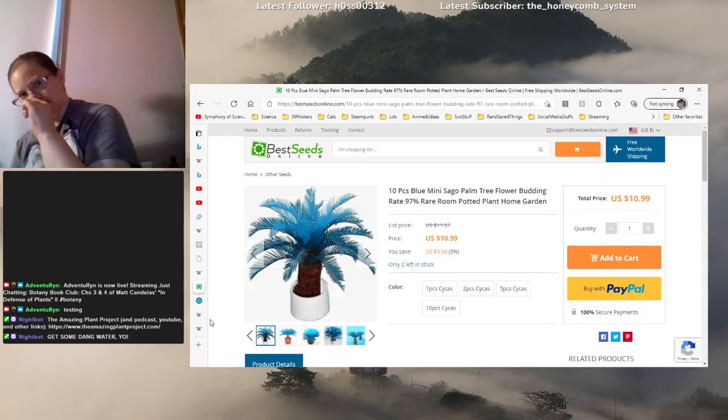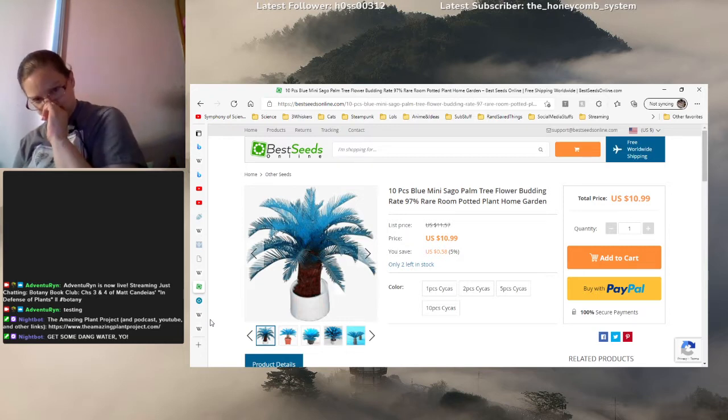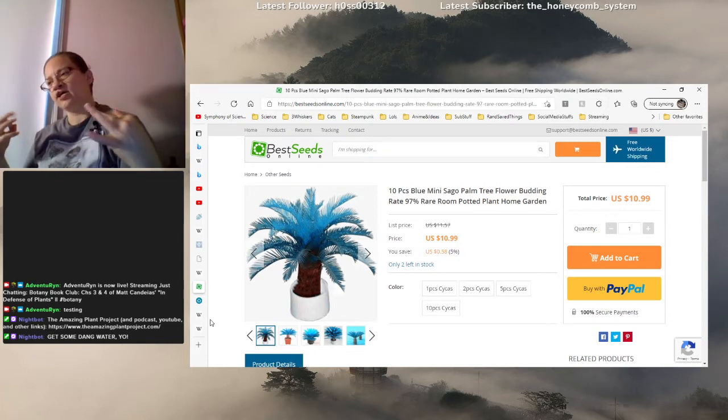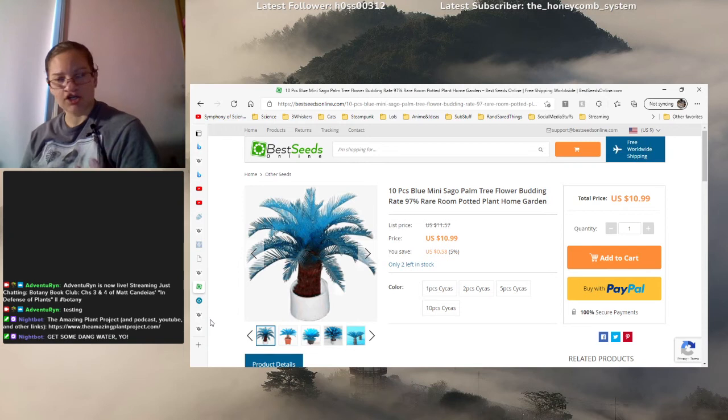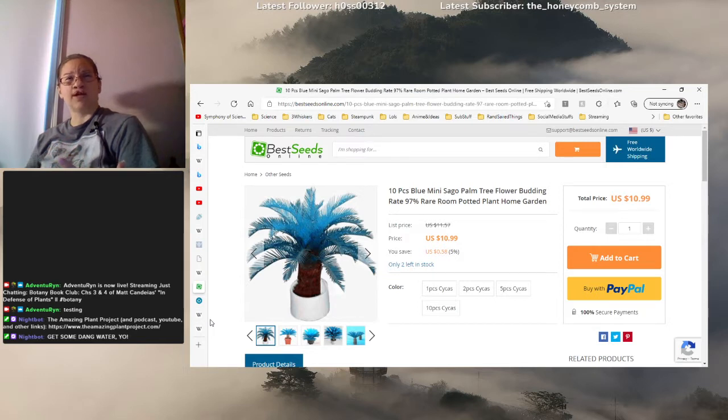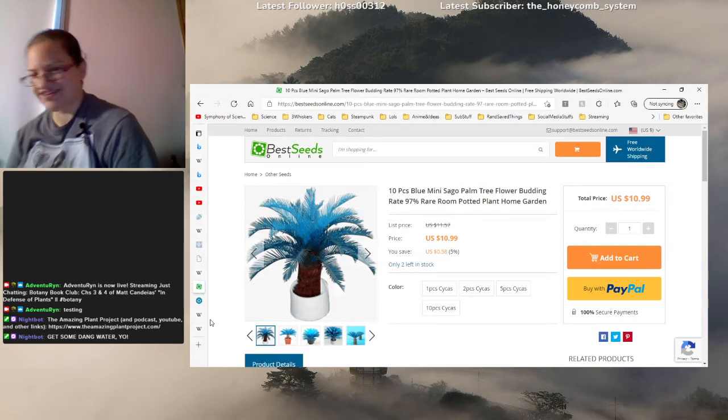But just like going through Wish and seeing the strawberry kiwi plant and pink tomatoes and whatever else was in there, it was a lot.